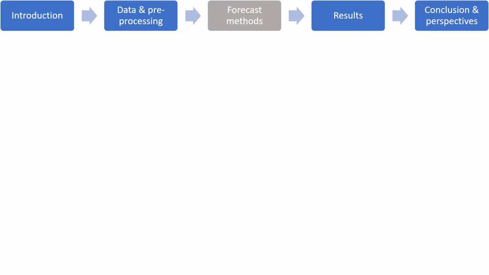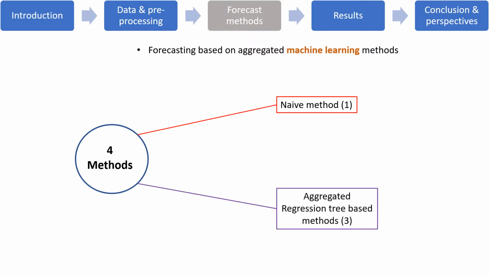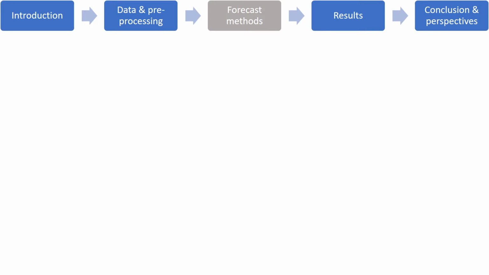Now I will present to you the different forecasting methods used in the frame of this work. The forecasting is based on aggregated machine learning methods. We use 4 methods: 1 naive method used as a reference, and 3 aggregated regression tree based methods. The different models used are detailed here.